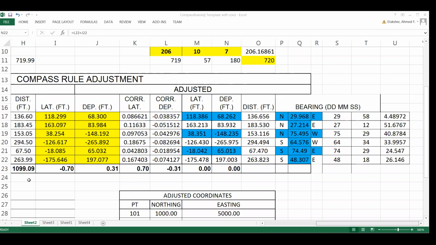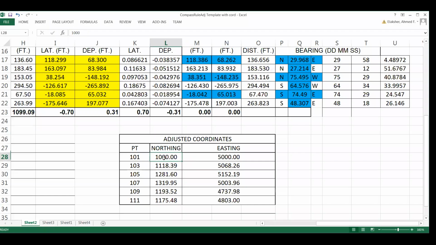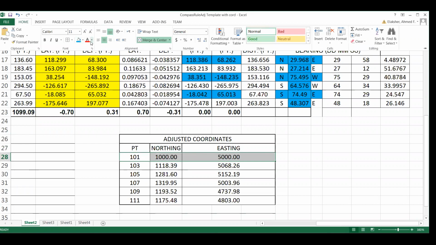If you looked here, that's what I did. We have the first point. I assumed the first point to be 1,000 and 5,000, so all groups could use this number as an initial start.